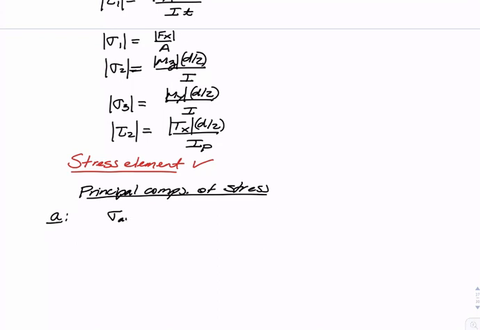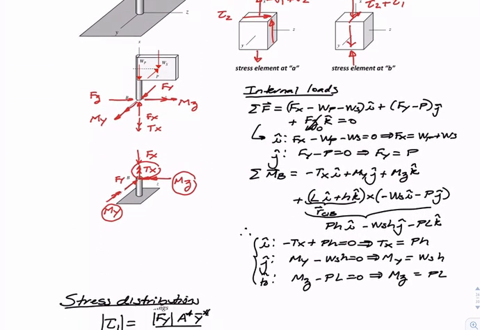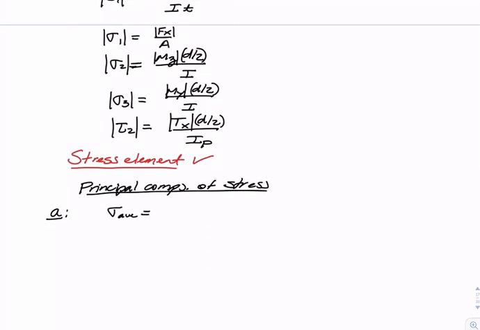So sigma average is going to be equal to sigma 2 minus sigma 1 over 2. And you can put in the expressions for sigma 1 and sigma 2 that we have got.